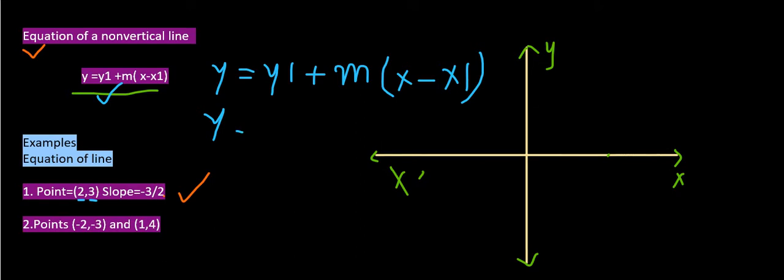Our y1 is 3 and our slope is minus 3 over 2, and our x1 is 2.